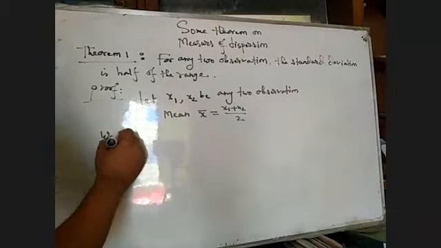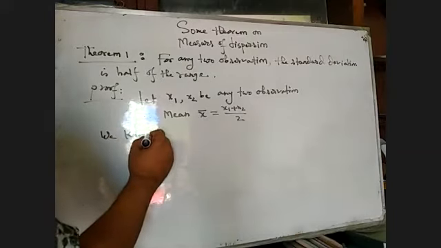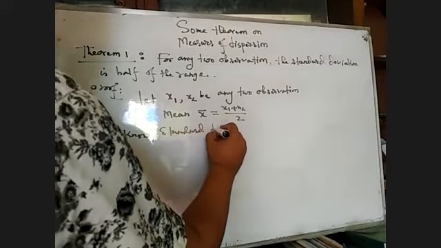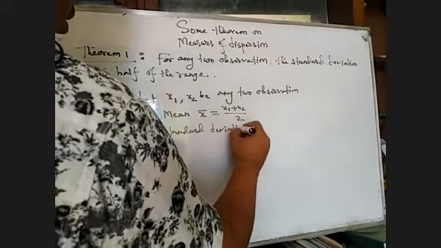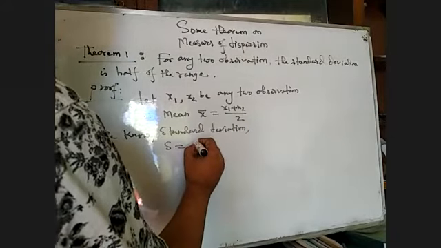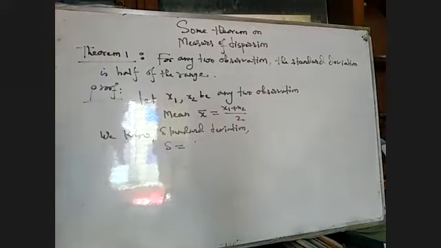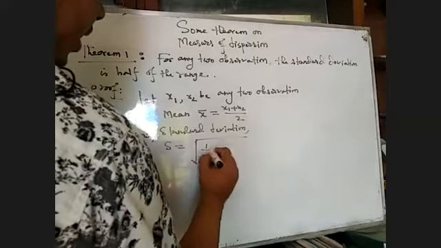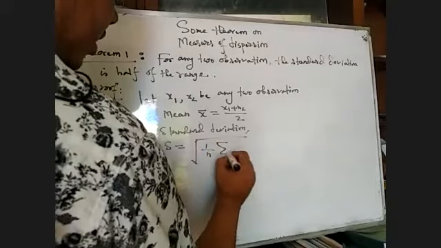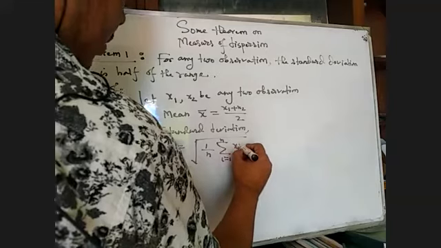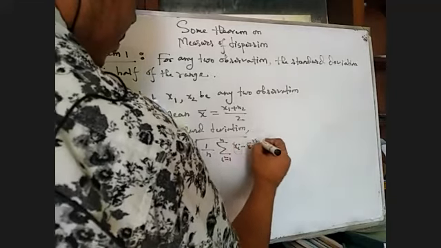We know the standard deviation s equals to what? s equals to the formula: root over 1 by n summation i equals to 1 to n, xi minus x bar whole square.